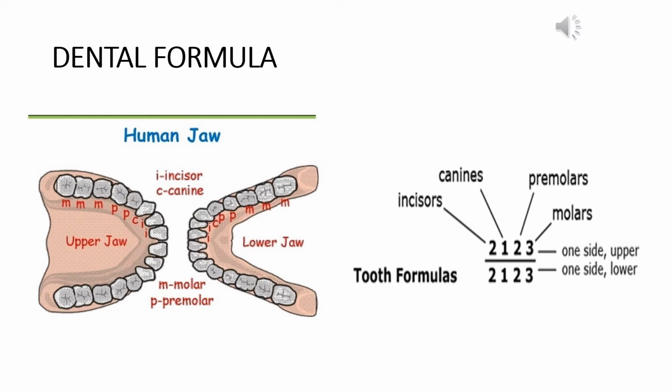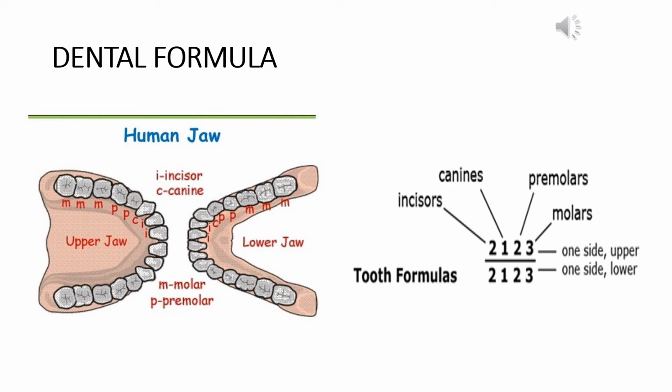Then there are two premolars present on the sides of the canine, and there are three molars present on the sides of the premolars. So if we represent it in the form of dental formula, it will be written as 2, 1, 2, 3 by 2, 1, 2, 3.